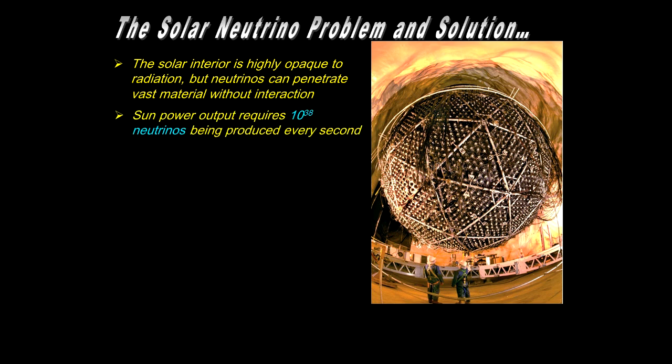Now, if fusion again is exactly what's going on inside the sun, as we just discussed, then every reaction produces a neutrino or a couple of neutrinos. And therefore, the sun should be outputting about 10 to the 38 neutrinos every second. Now, that's a lot of neutrinos. If that's how many neutrinos are being produced in the sun, then the Earth should get about 1/2 of a billionth of those neutrinos penetrating the entire planet.